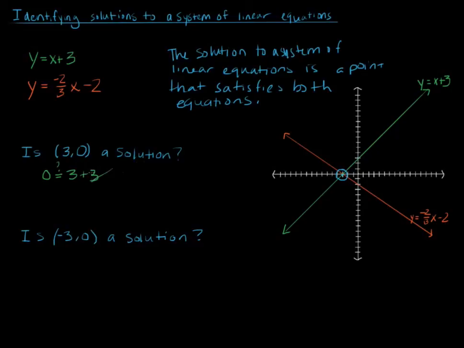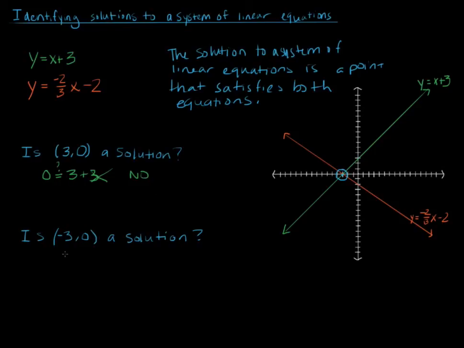This is a no. So this is not a solution. This point does not satisfy this equation. If we checked, it also wouldn't satisfy the other equation, but in order to be a solution, it has to satisfy both equations. So as soon as it doesn't satisfy one, we're done.